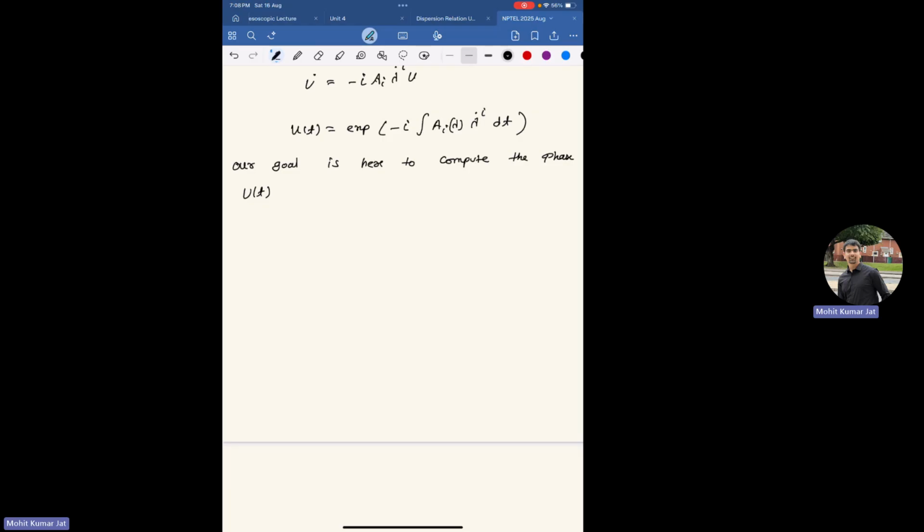After we have taken a closed path C in parameter space, this is simply e to the power i gamma, which is essentially the exponential of minus i over a closed path C of A_i d lambda_i, where A_i is the Berry connection. You can write lambda_i dot as d lambda by dt, and dt cancels, which only leaves the d lambda_i, and this is the Berry phase.